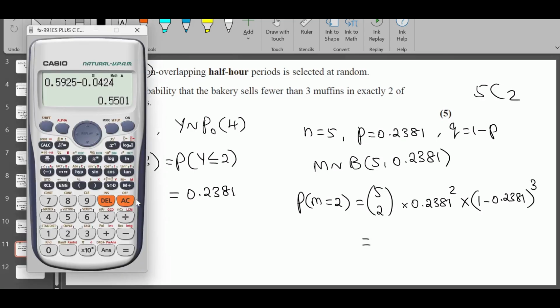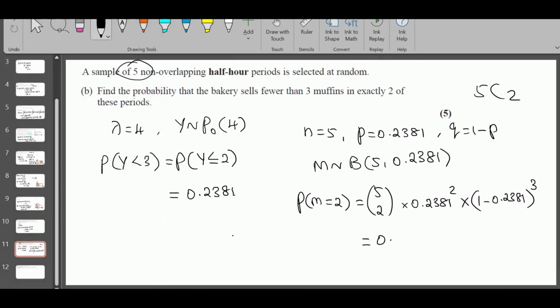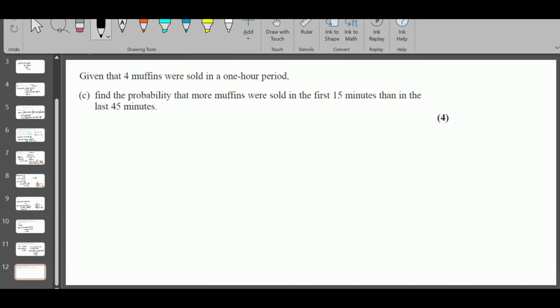So let's calculate this. 5C2, 5 times 4 by 2, 10, times 0.2381 to the power 2 times 1 minus this, which is 0.7619 to the power 3. And you get this value, 0.25073. Round it to 3 significant figures. That's all.